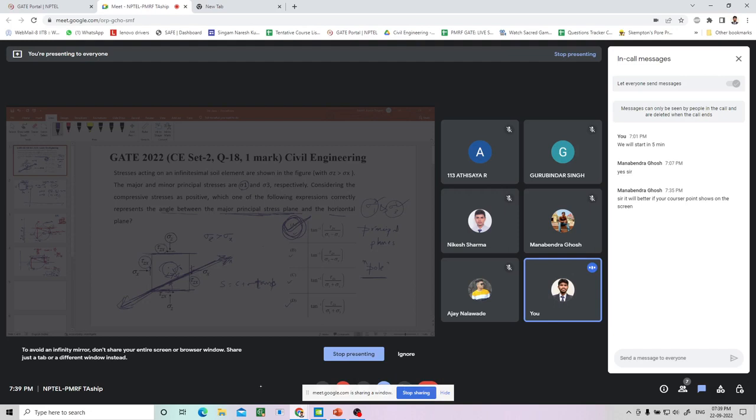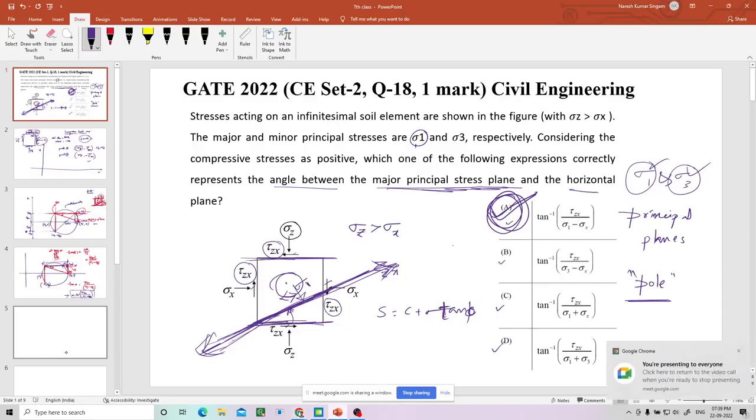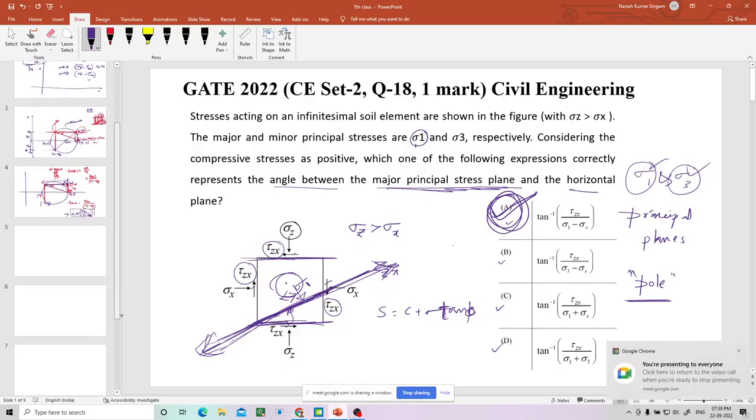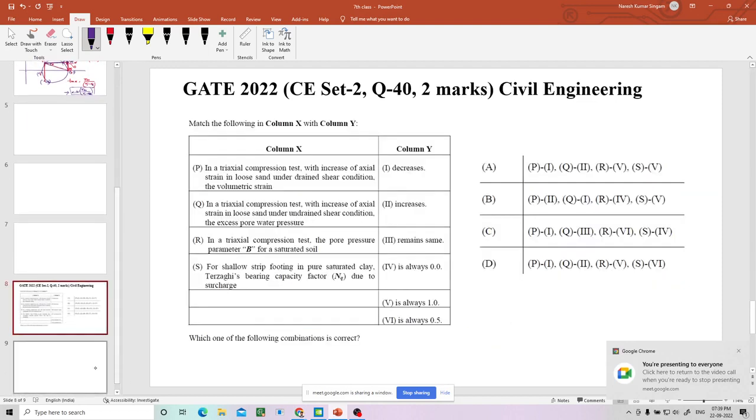That's why I'm highlighting, whenever I'm showing some plane, I'm drawing on that plane. Is there any doubt? So can I move to next question? Okay then, let us move to next question.